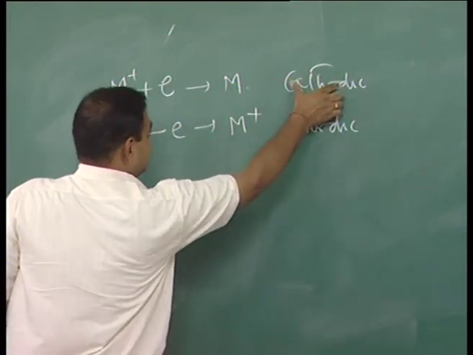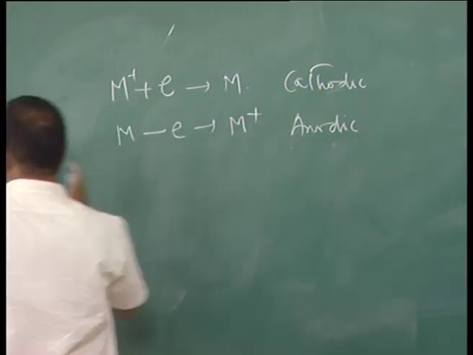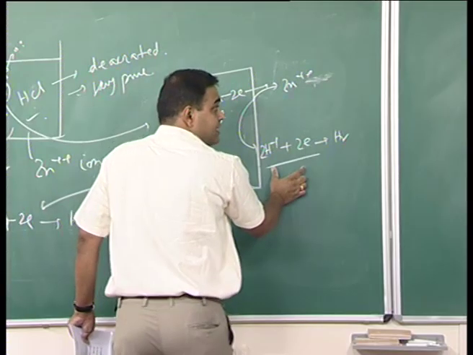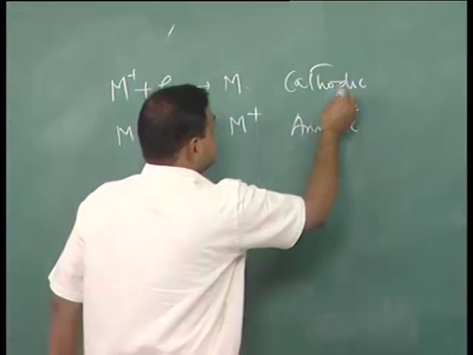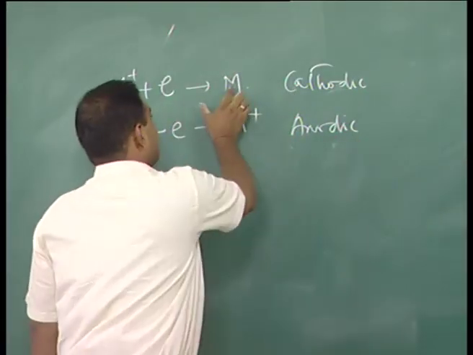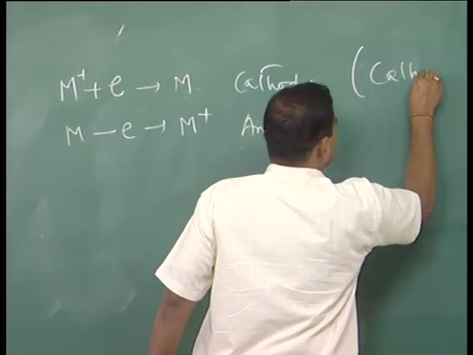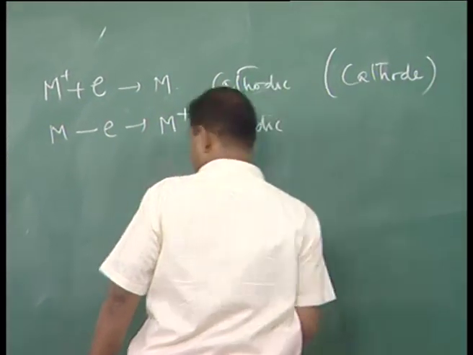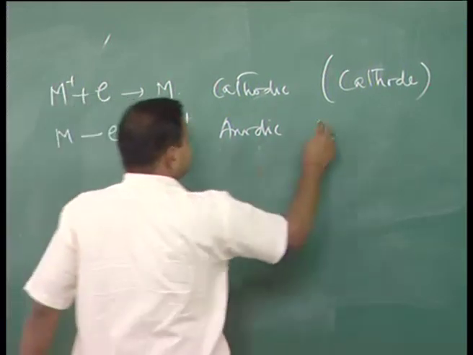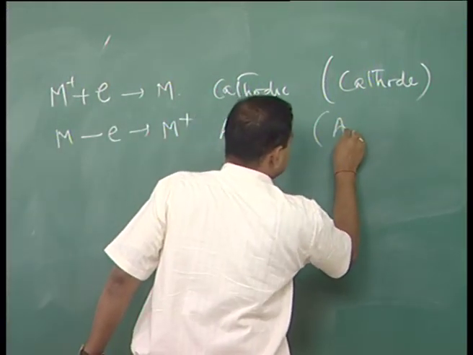Now this is cathodic, this is anodic. The surface where the cathodic reaction occurs is called cathode, and where the anodic reaction occurs is called anode.